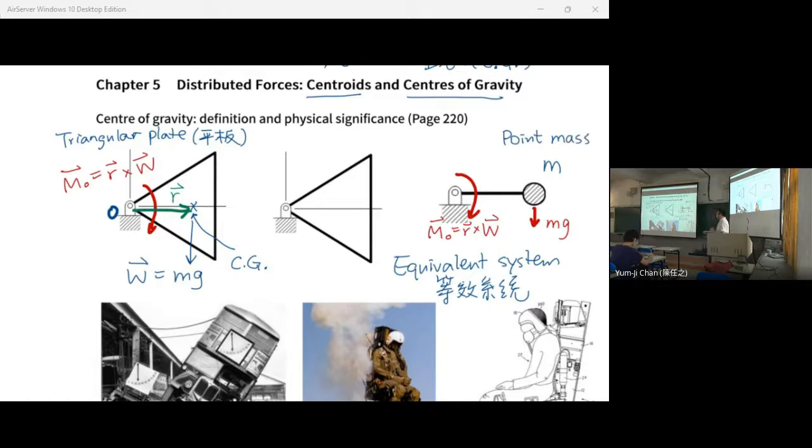The answer is of course yes, but the problem now is in chapter 5, we want to determine what is R. What is R? How do we get R? How do we determine R?